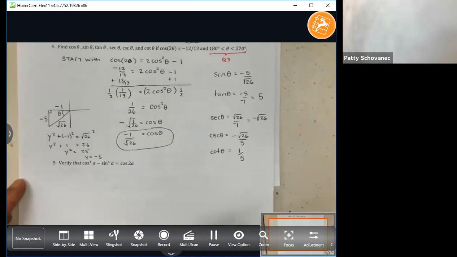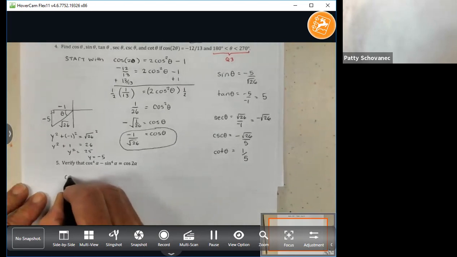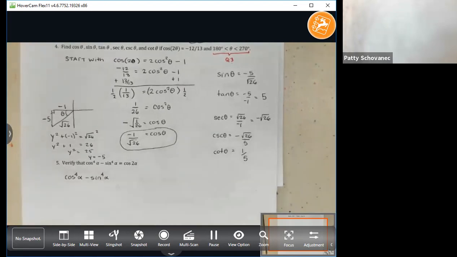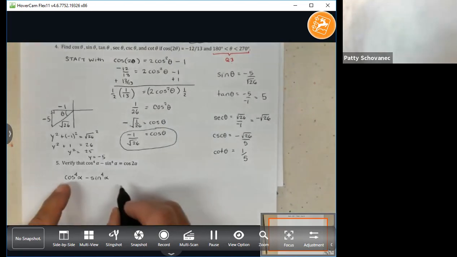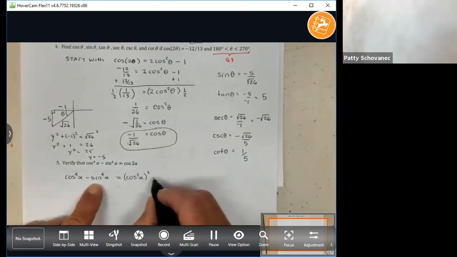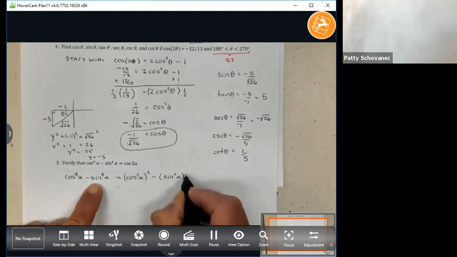So we're going to start with the left-hand side. Cosine to the fourth of alpha minus sine to the fourth of alpha. And the way we simplified that again was to consider the difference of squares. That this was the cosine squared of alpha, squared, minus the sine squared of alpha, squared.